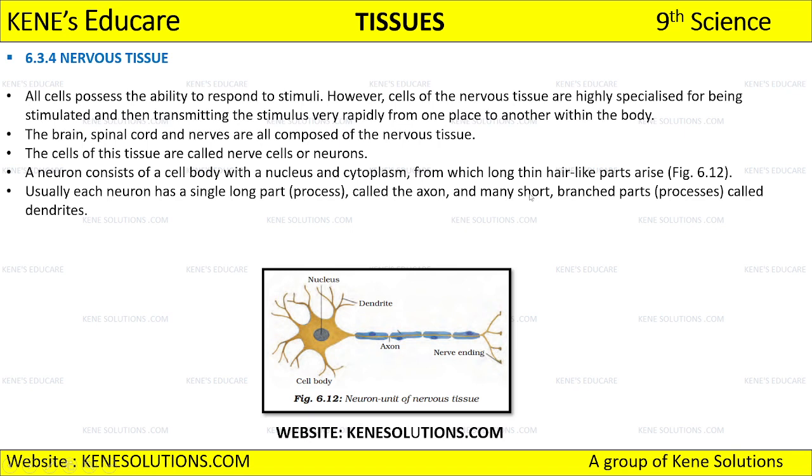And there are many short branched processes called dendrites. So each and every neuron has the axon on one side and dendrites on the other. This is very important. And our nervous tissue comprises the brain, spinal cord, and the nerves, in short.